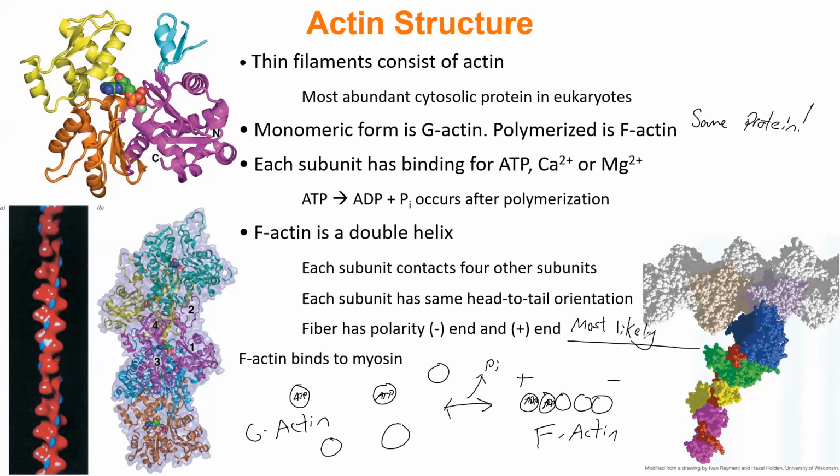And I do want to stress it's either end. So even though we have a plus and minus end, it's possible for actin to add to the minus end, and it is possible for actin to leave from the plus end. But generally speaking, at the plus end, you have addition. At the minus end, you have subtraction, where actin comes on at the plus end and is removed at the minus end.